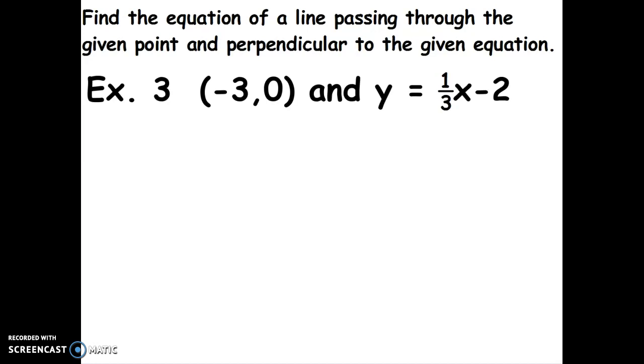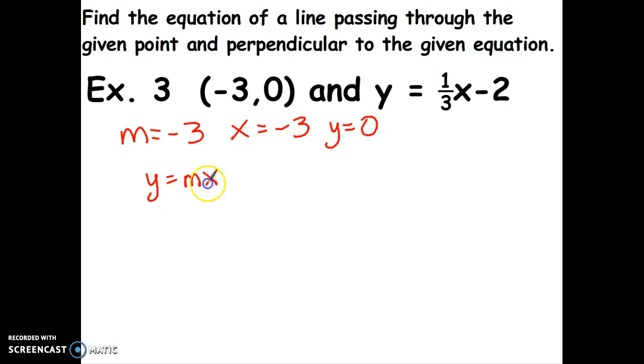All right, now that everyone has had the opportunity to try this one out, let's see if you got it correct. So our opposite reciprocal slope should have been -3. Our x is also -3, and our y is 0. All right, plug everything in.